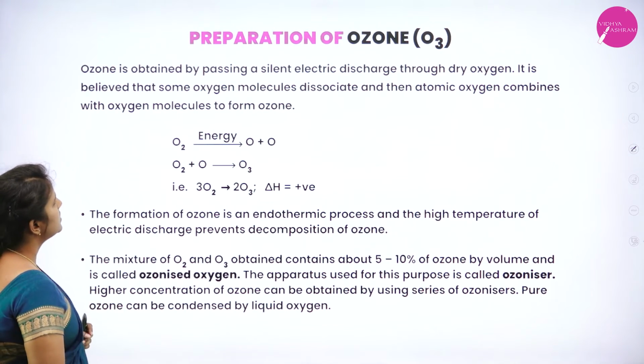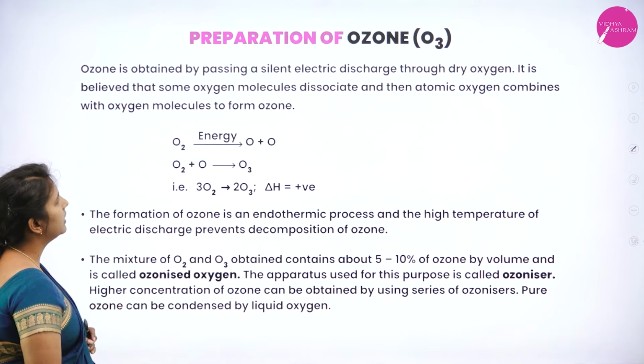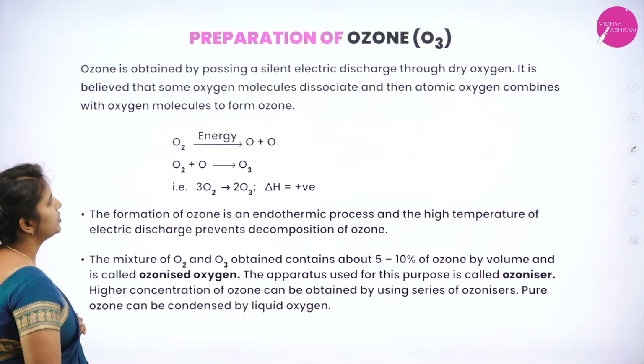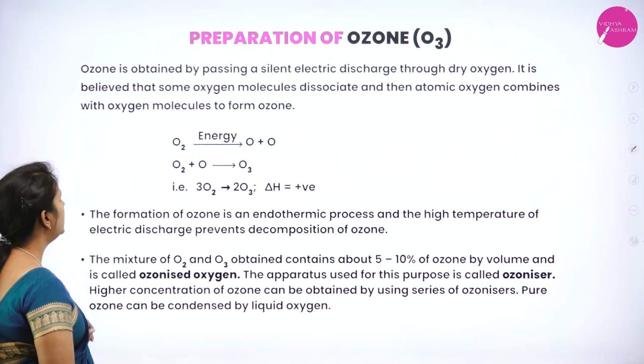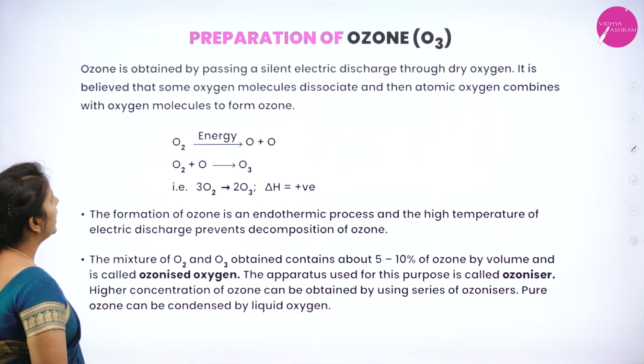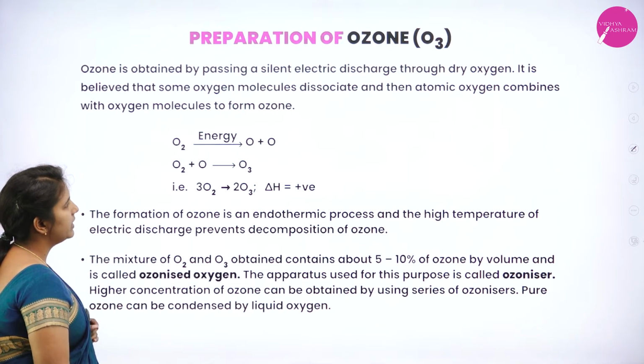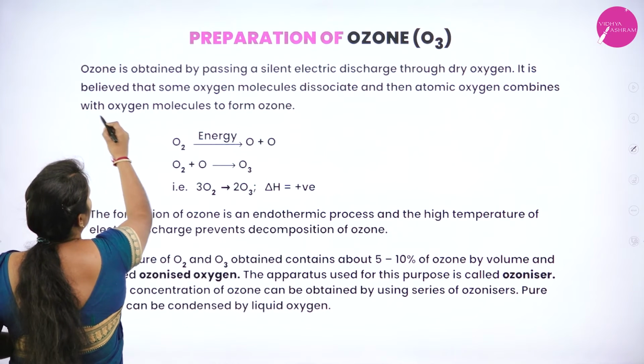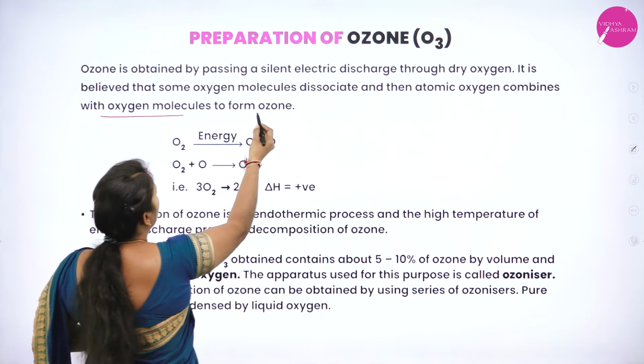Ozone is prepared by passing silent electrical discharge through dry oxygen, and it is believed that some of the oxygen molecules will dissociate and atomic oxygen will combine with the oxygen molecule to form ozone.